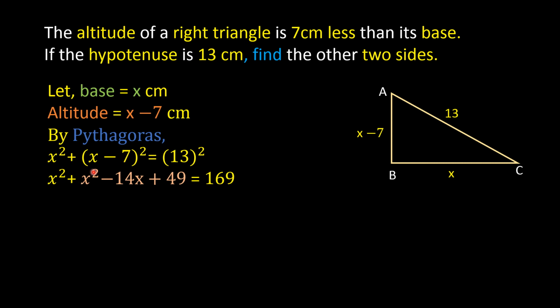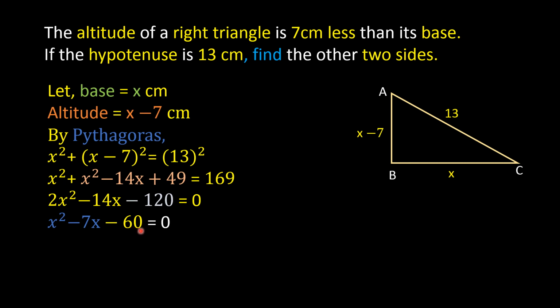X squared plus x squared will be 2x squared minus 14x plus 49 minus 169 gives us minus 120, which equals 0. Since 2 is the common factor, we will divide throughout by 2. It gives us x squared minus 7x minus 60 equals 0.